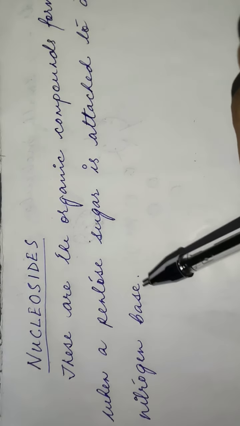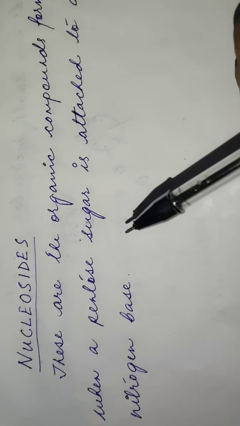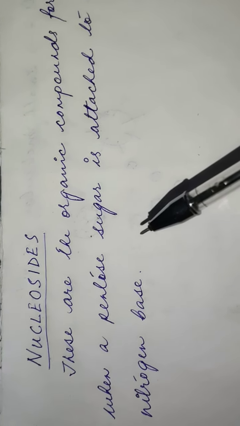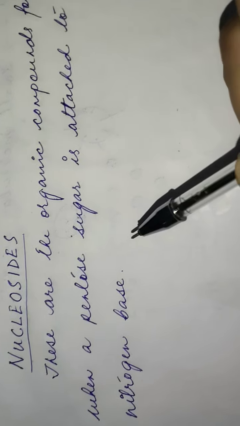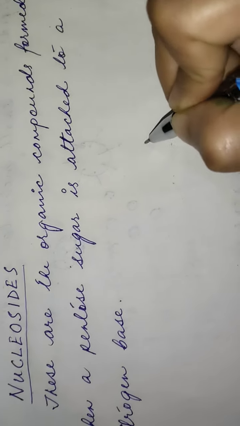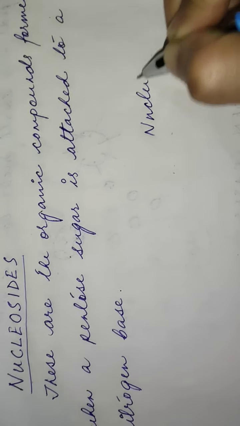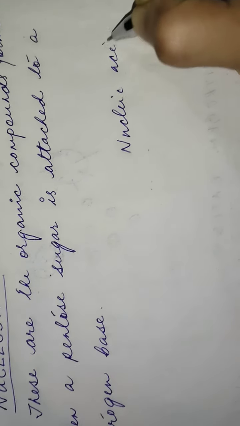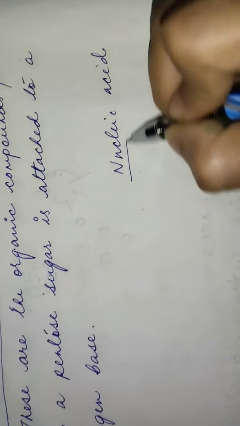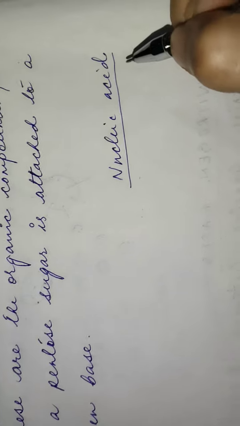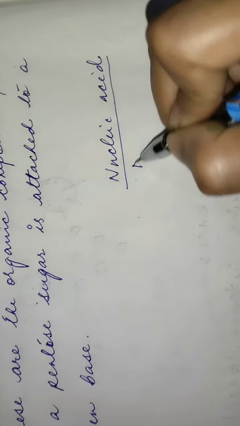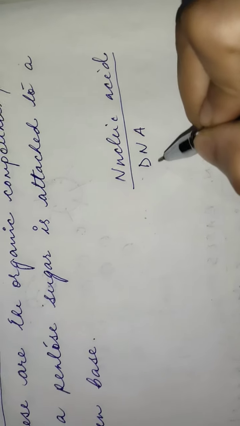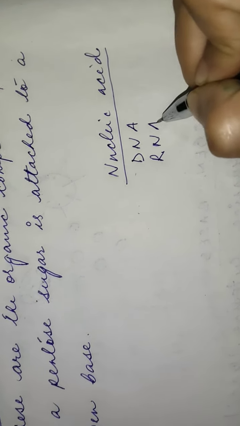Now before going to the next topic, first we have to know what nucleic acids are. I think you have heard this term, nucleic acid. Nucleic acids are of two types: DNA and RNA.